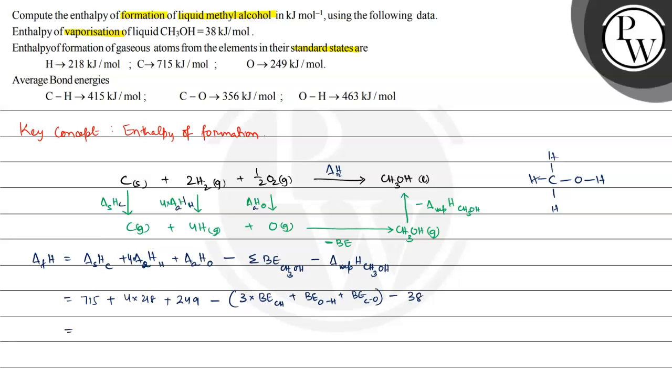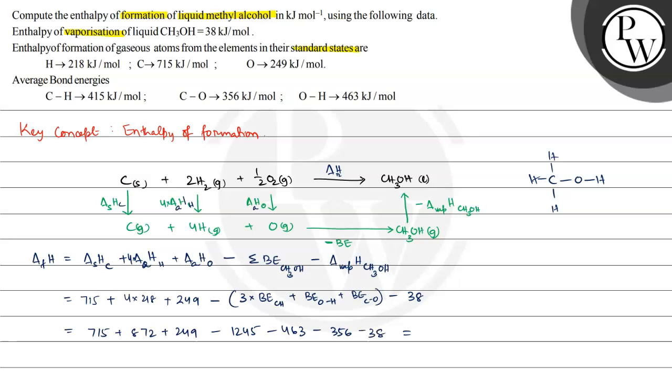So this is equal to 715 plus 4 multiplied by 218, that is 872, plus 249 minus 3 multiplied by bond enthalpy of CH, that is 3 multiplied by 415, that is 1245, minus bond enthalpy of OH is 463, minus bond enthalpy of CO is 356, minus 38.